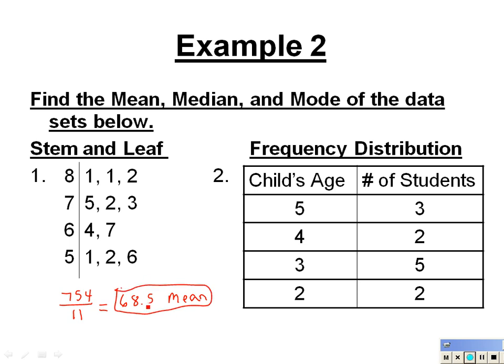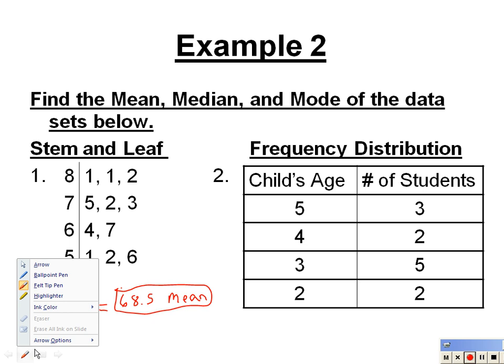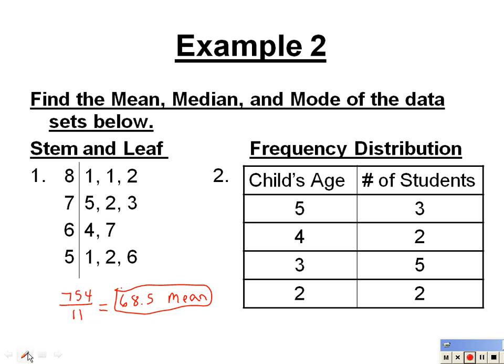Alright, well, next let's go ahead and calculate the median. To find the median, you want to put your numbers in order from smallest to largest. Now usually a stem and leaf plot is already in order from smallest to largest, but this one's a little bit messed up. So I'm going to go ahead and redo that.